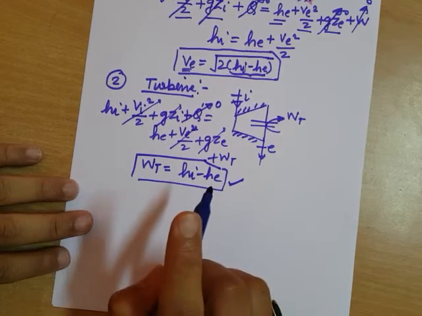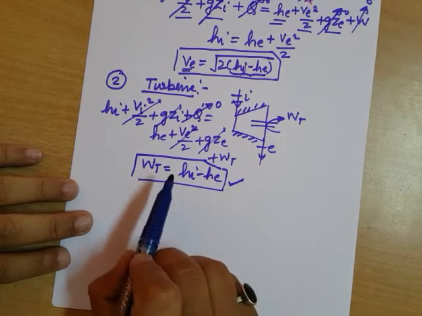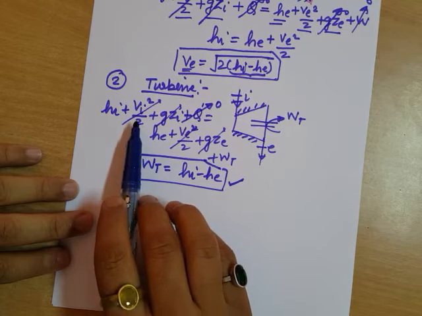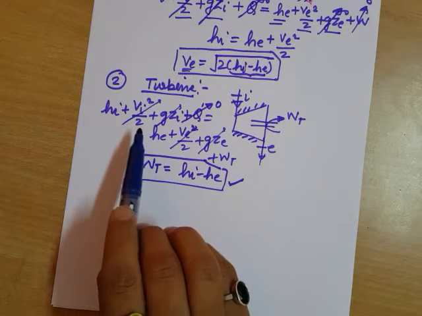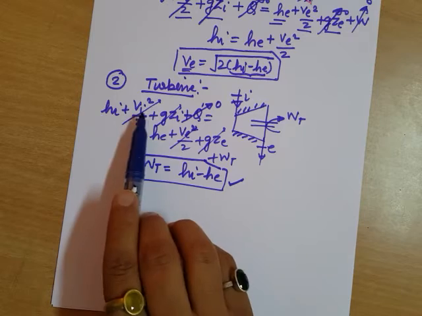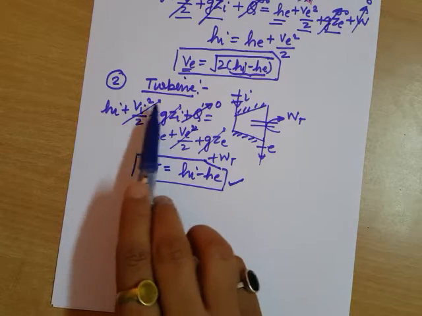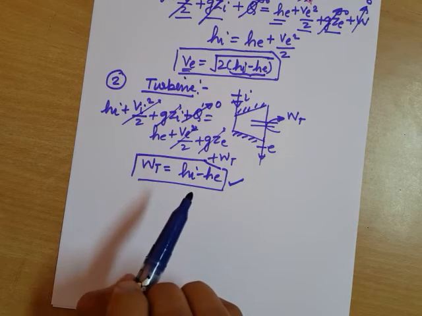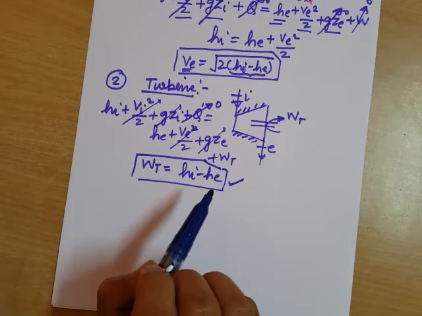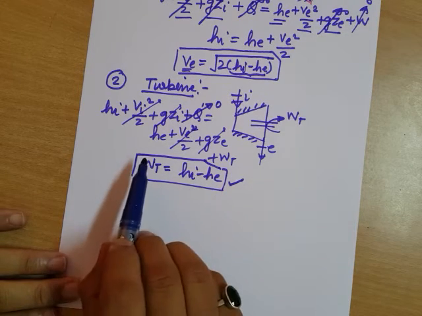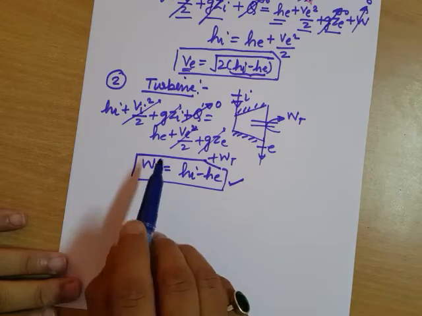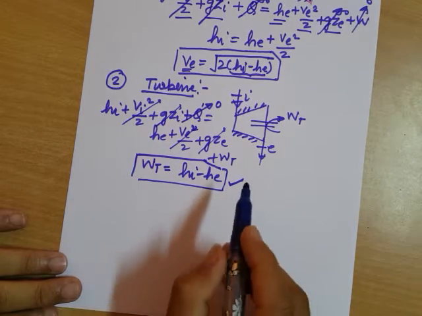But the thing which has to be remembered here is that it is not always true that we keep the velocity, kinetic energy or potential energy terms to be 0. It depends on the demand of the problem. If the problem says that you have to consider them, then you consider them. If not, then remove them.